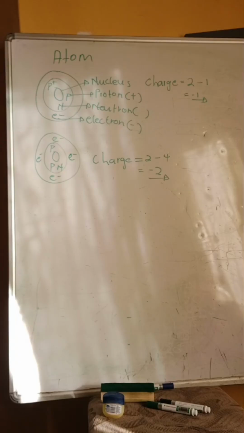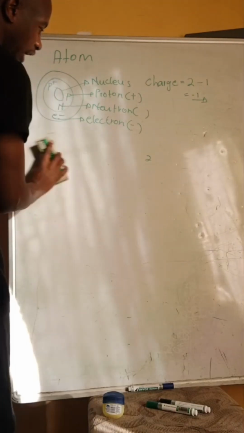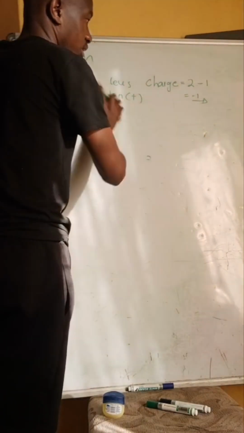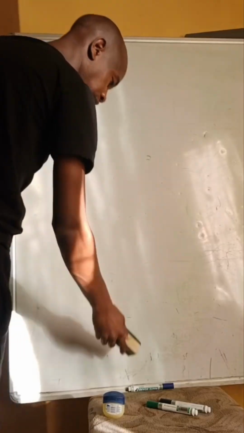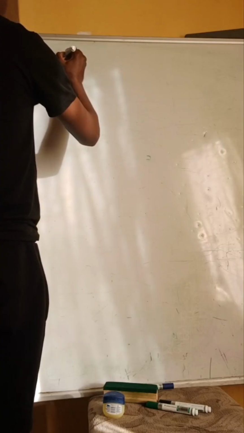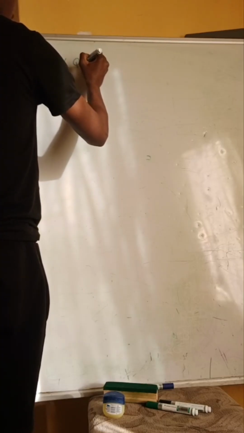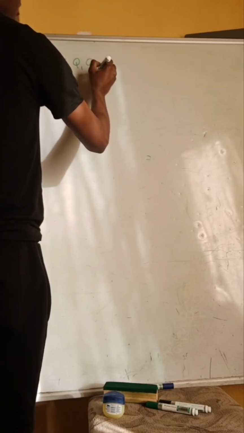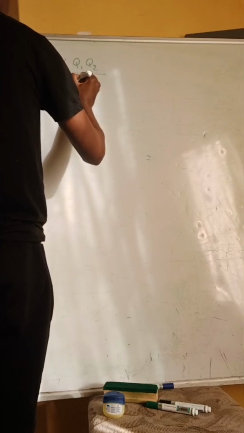So now for this reason, that is why this formula that I'm going to write here was designed in order to calculate the force. The formula is F equals K charge 1 charge 2 all over R squared.